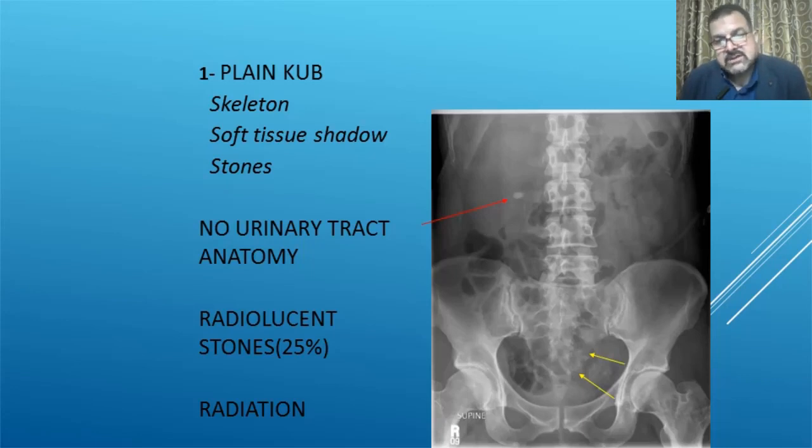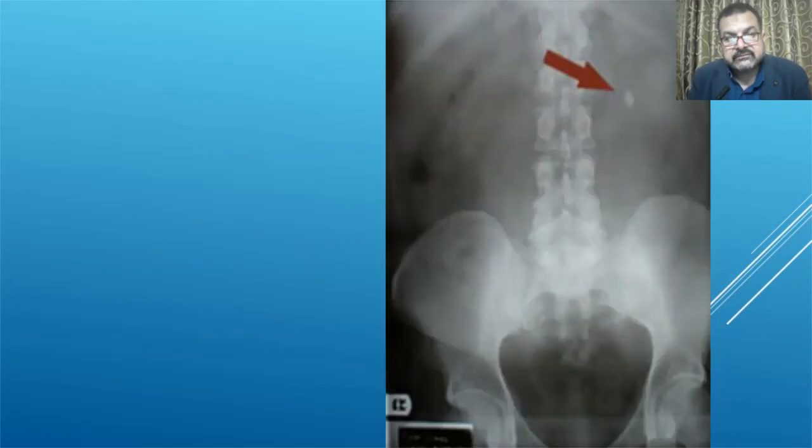The drawback of this X-ray is also that it will not give us any information about the anatomy, and there is exposure to radiation, especially in pregnancy. This is an example. If I ask you what you can see in this KUB X-ray, you will tell me this is a KUB X-ray, and whether it is complete or non-complete.